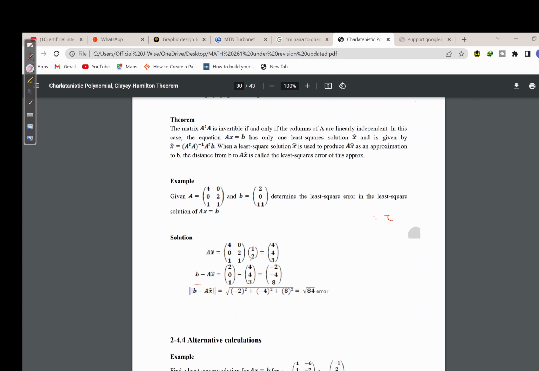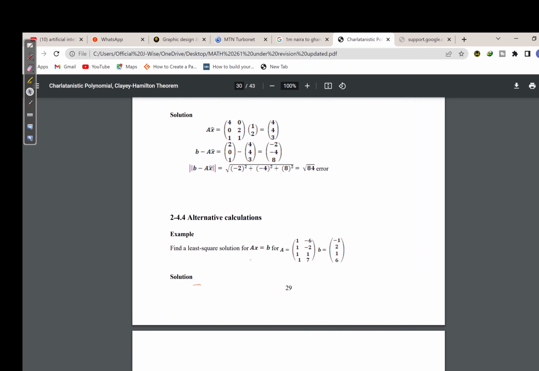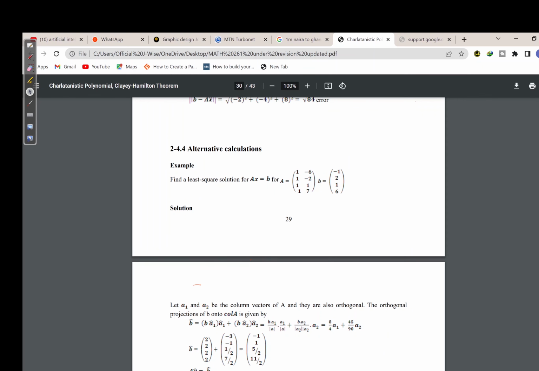We also have another alternate method of solving this problem. When you have this, you express the columns of matrix A. So you find b hat such that b hat is the orthogonal projection of b onto the columns of matrix A. A has two columns, this is the first column and this is the second column.